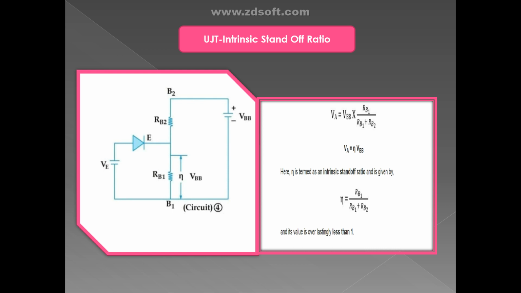So the voltage drop across the resistance RB1, VA, is equal to VBB into RB1 by RB1 plus RB2. So the value of VA is equal to eta into VBB. Here, eta is known as intrinsic standoff ratio. This value is always less than 1.